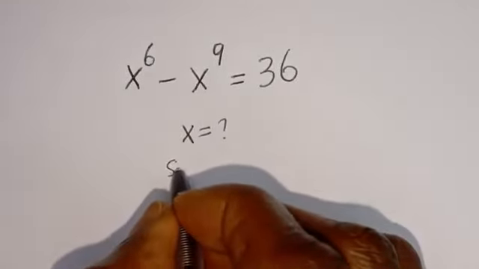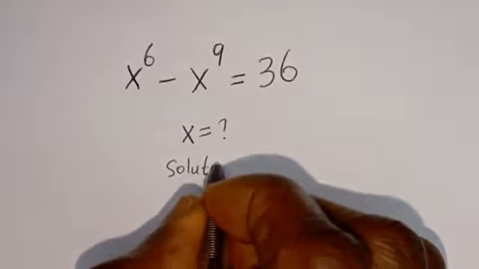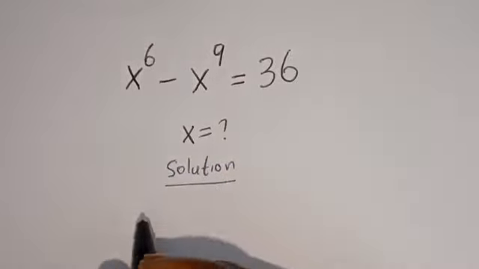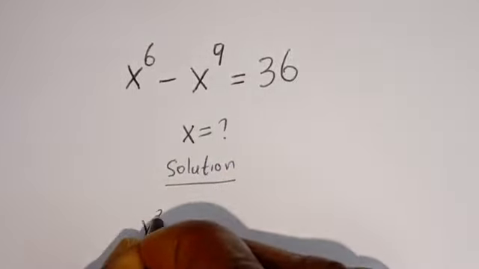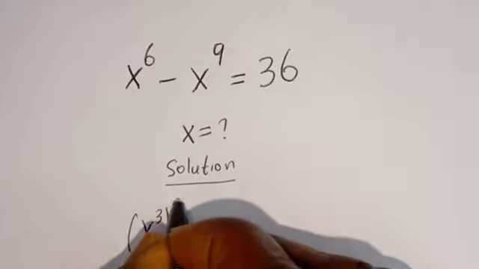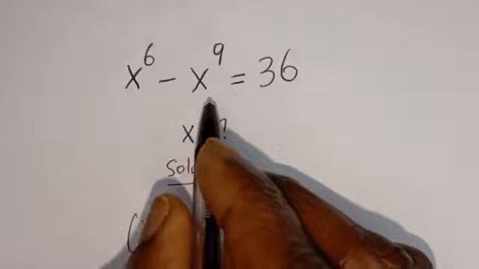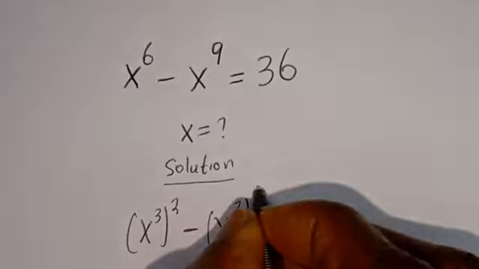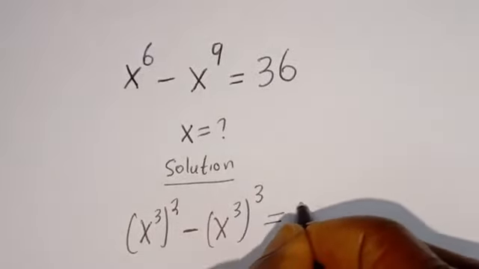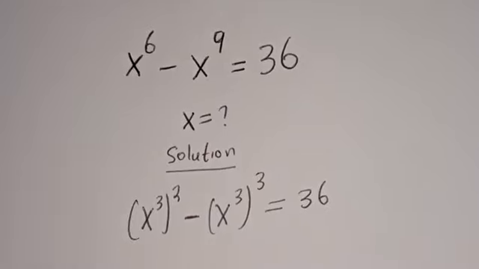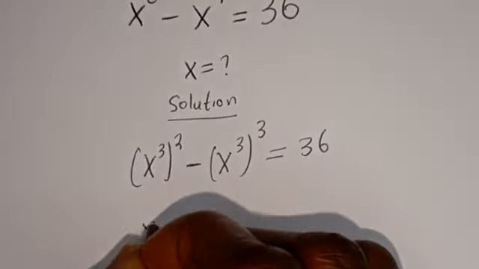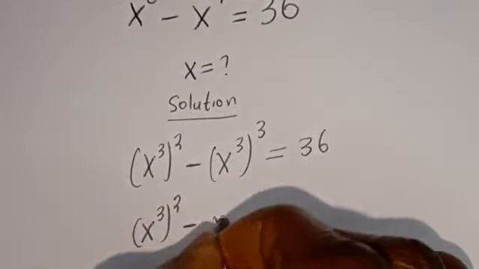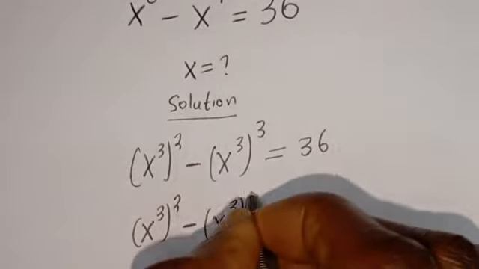Solution. Here, s to the power of 6 can be written as s to the power of 3 all squared, minus s to the power of 9, which can be written as s to the power of 3 all to the power of 3, is equal to 36.